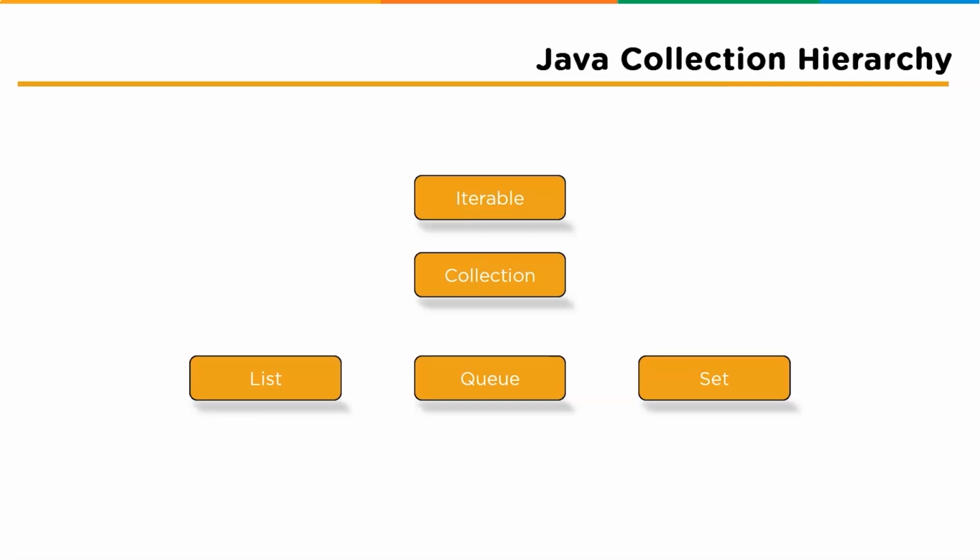Out of the complexities, we have the interface and the classes as the major part of the collections. Now, let us understand each one of them one step at a time. As you can see on the screen, we have the iterable interface, which is implemented by the collection interface, and this particular collection interface is further implemented by list, queue, and set.